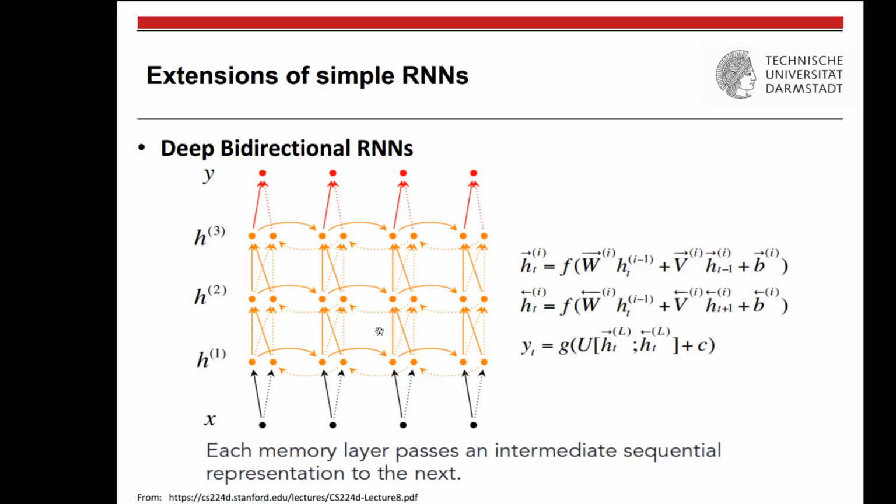Another thing to keep in mind is that those hidden layers are not independent anymore, as they were in the case with just one hidden layer. Namely, the hidden layer at depth 2 depends, as you can see here in the visualization, on both the forward and the backward hidden state vectors at depth 1, right?